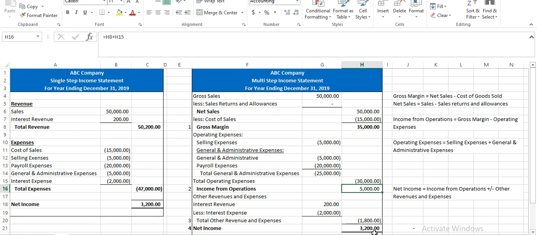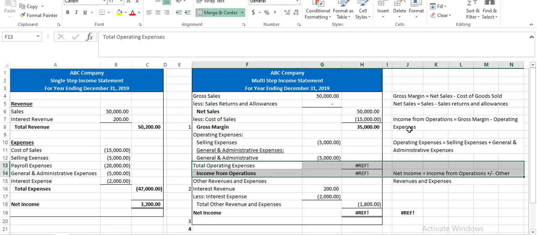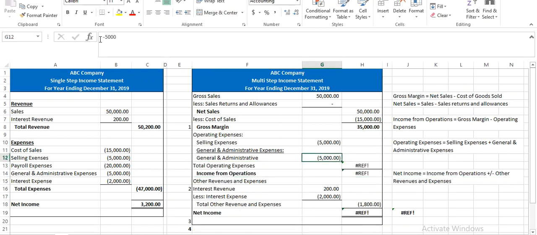So you can do that, or what you can do is take away all of that we just did. Take all of that back out, delete, and we can just say equal the negative sign, 5,000 plus 20,000. Oops. Which is 25,000.